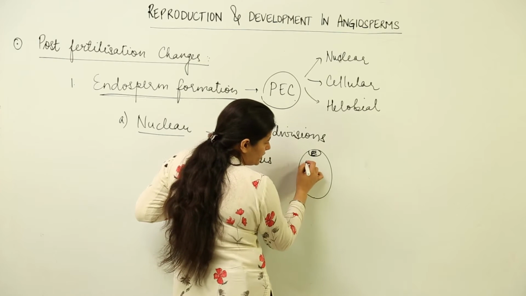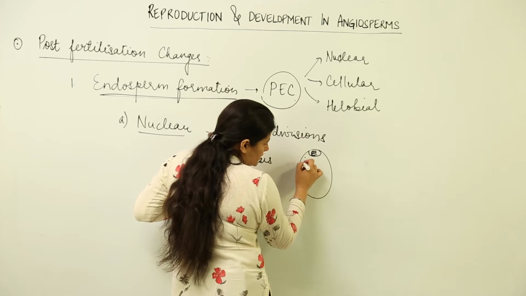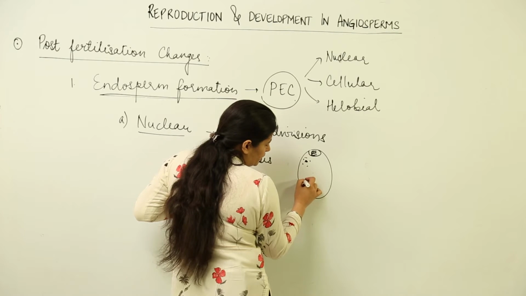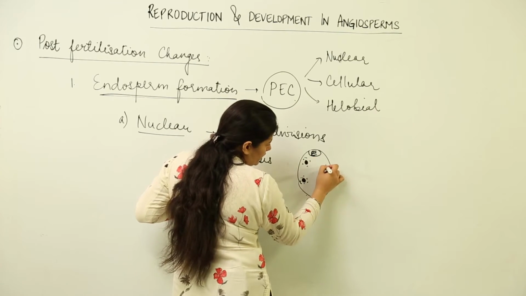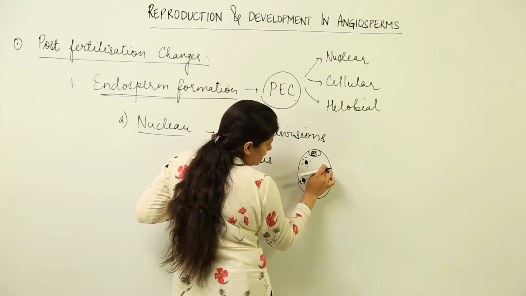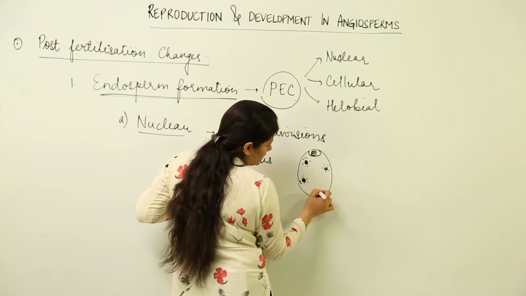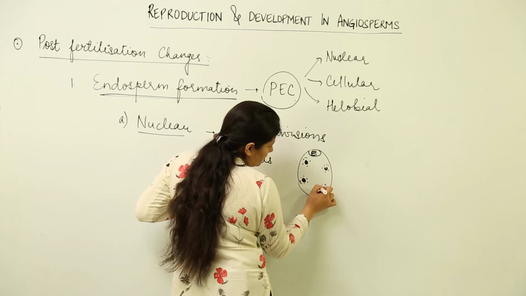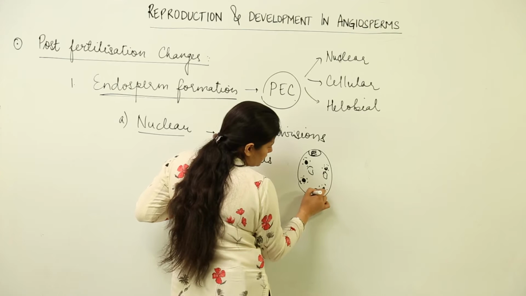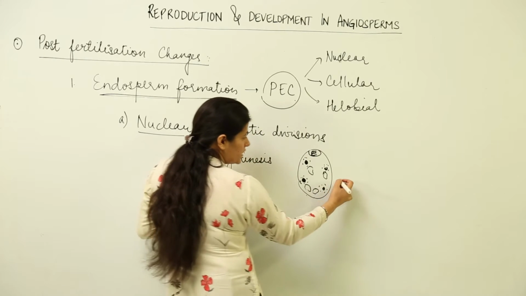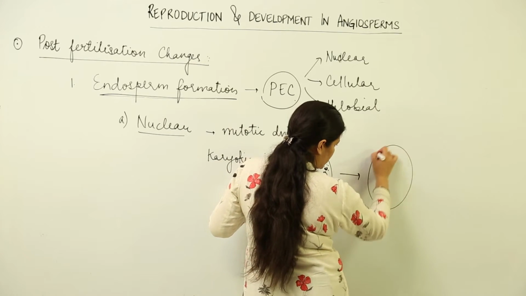It undergoes mitotic divisions. Cytoplasm is getting accumulated over here, many nuclei are being formed, and vacuoles are being created. These are the small vacuoles. There is repeated division, and many nuclei are being formed.